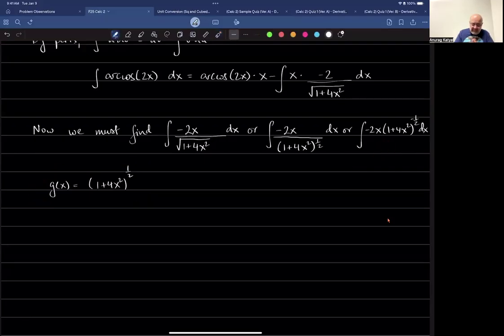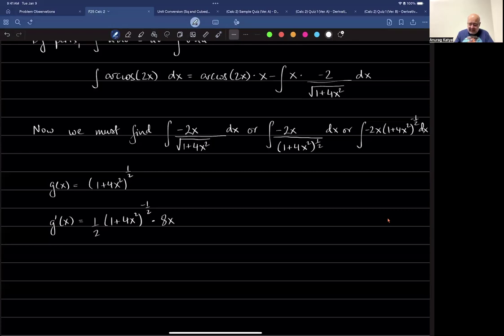So the derivative of this guess will be 1/2 times 1 plus 4x squared raised to the negative 1/2. So I bring down the power, keep the inside the same, subtract 1 from the power, times the derivative of the inside, which is going to give me 8x.